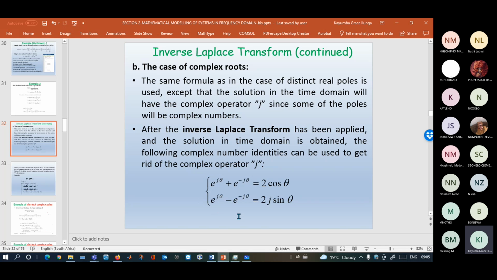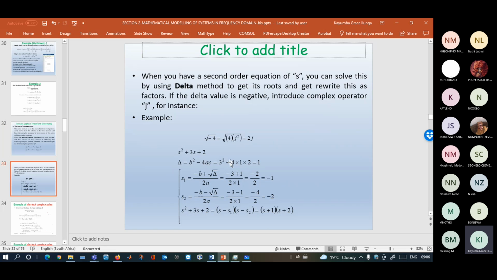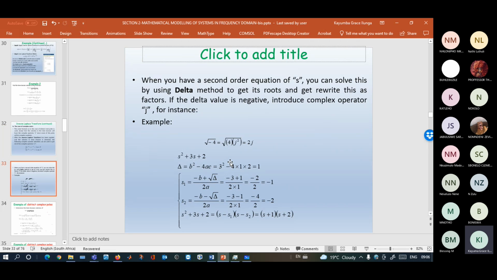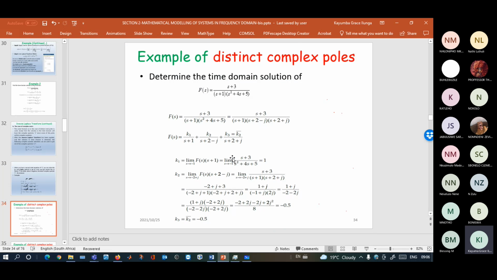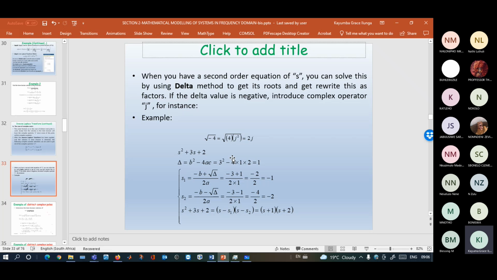These identities give you 2 cos phi for this form, and 2j sine phi for this one. So these are the two identities that we're going to use to replace terms when solving for our solution in the time domain. So I think we will solve this problem later.